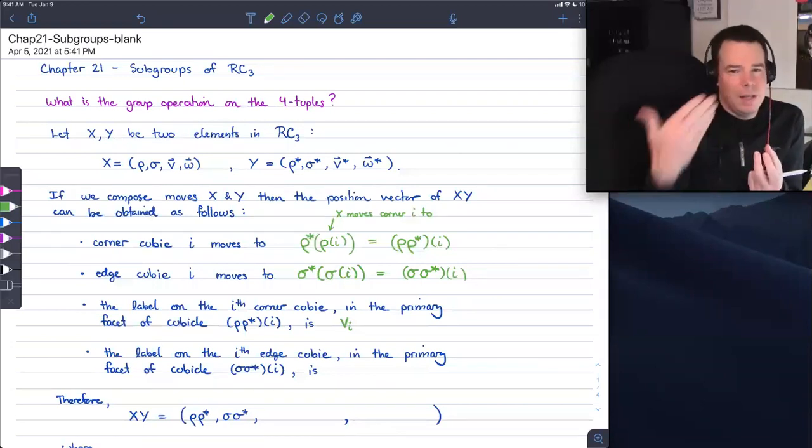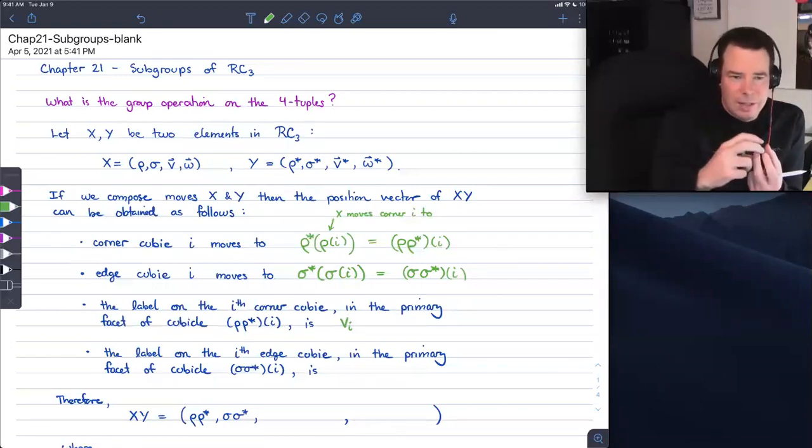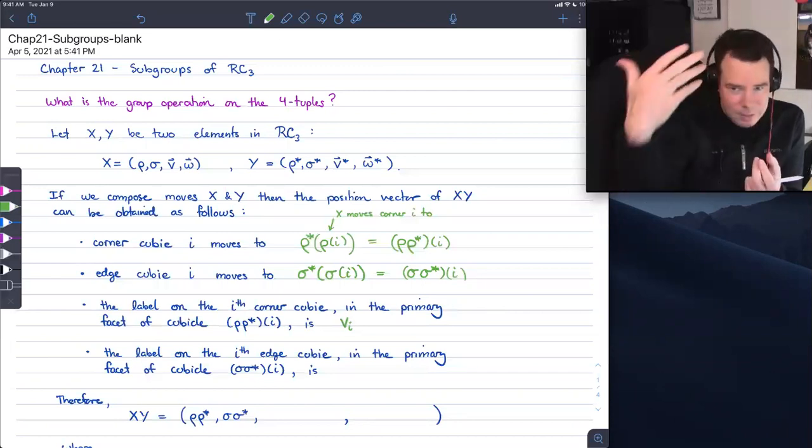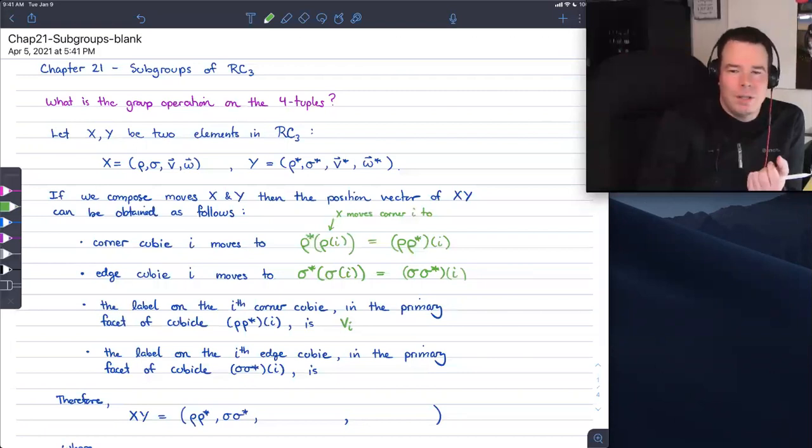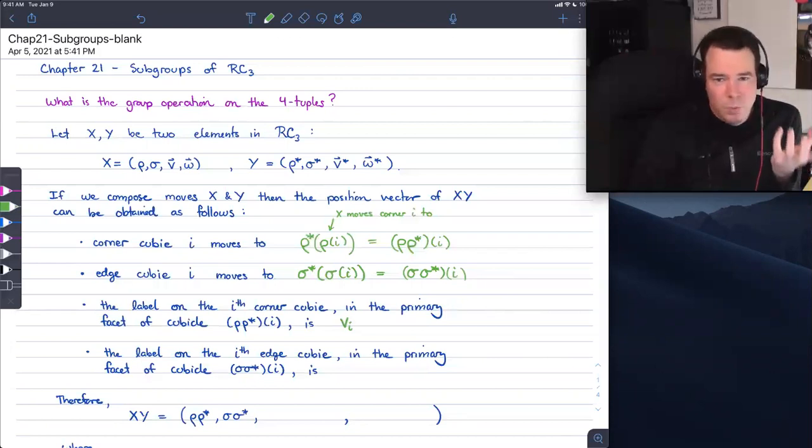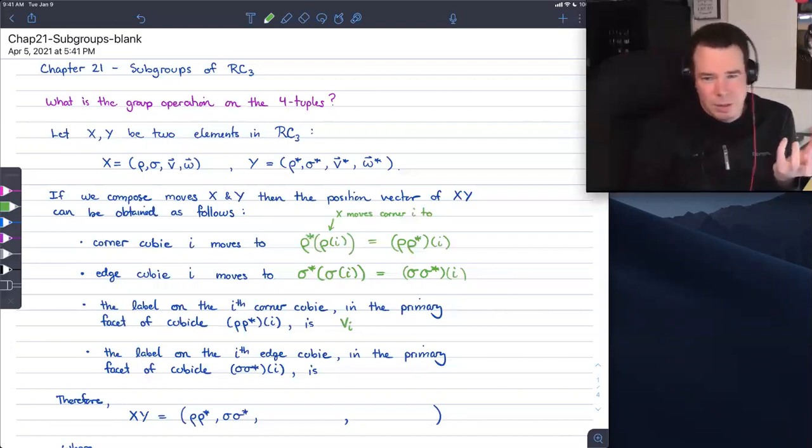So when I do the next move sequence, it's going to take that corner piece, move it somewhere else, and it's going to get the orientation number that it would have had if that was the original cube in that spot. So in other words, it gets orientation number V star of whatever that position was it started from, which would have been row I.